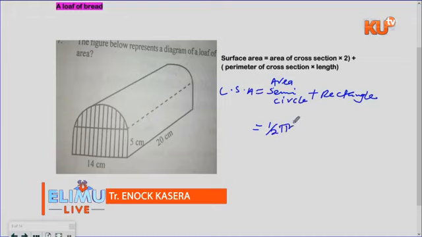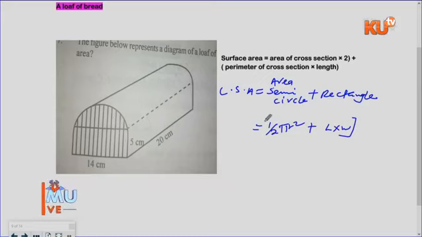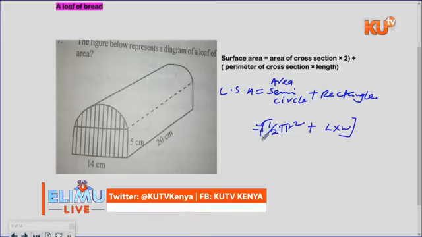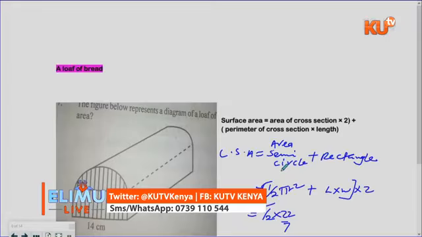Half pi r squared, and then plus the rectangle. How do you find the area of the rectangle? Length times width. Then remember, after finding the areas of those two, you multiply by 2 because there is also one on the other end. Okay, so you come here and say we have half times 22 over 7.